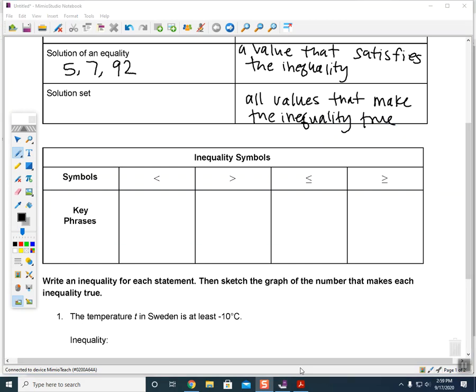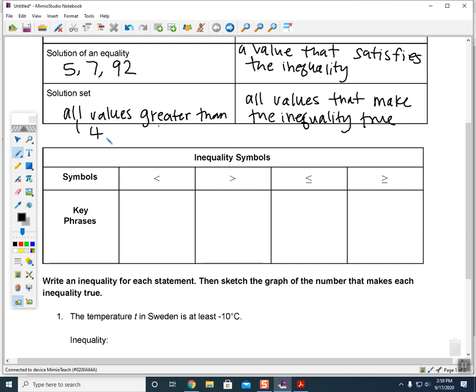So in this example, x is greater than 4, my solution set is all values greater than 4. Now, is 4 going to be included in this set? It is not going to be included in this set because it's just greater than 4.